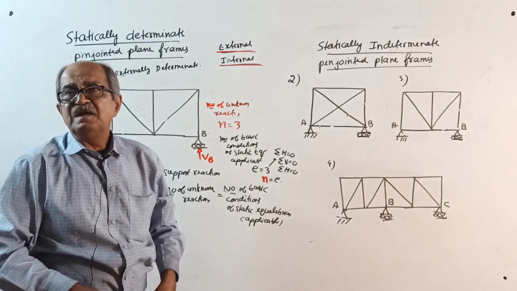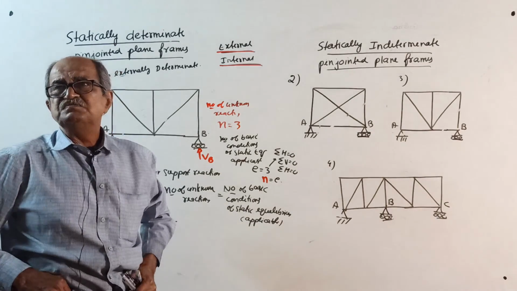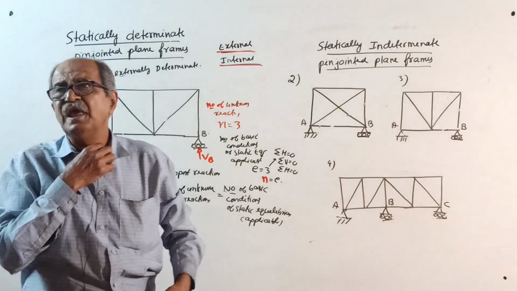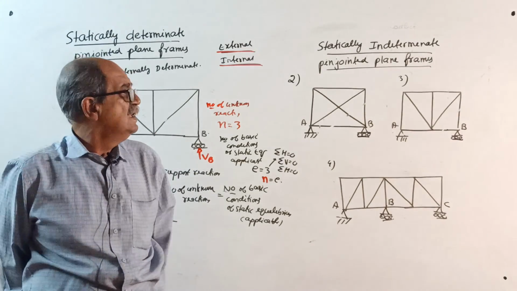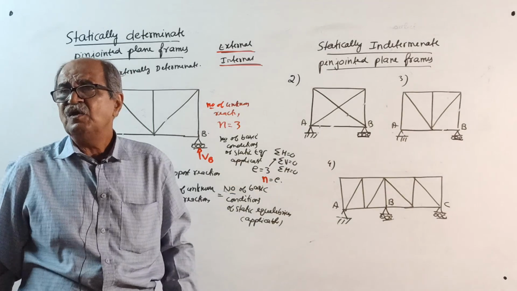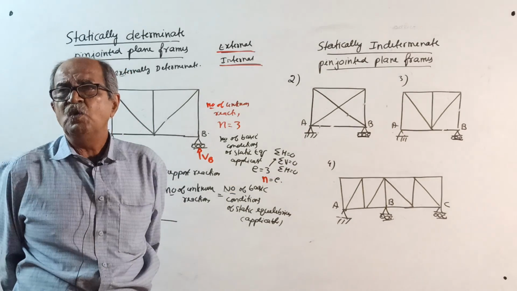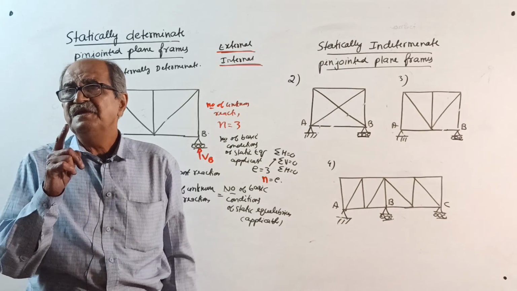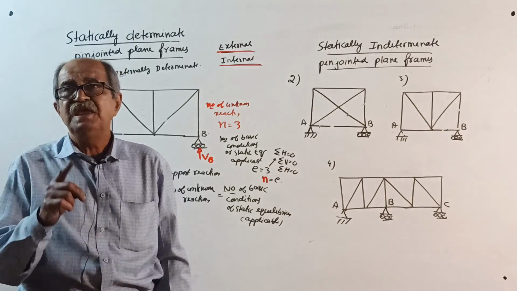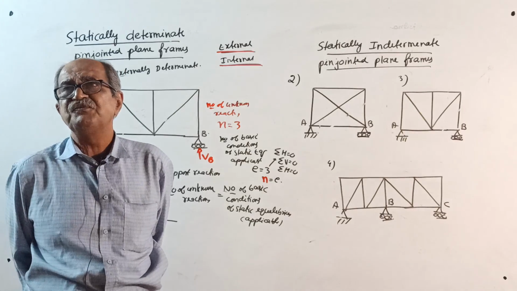Okay, now come to internal. Now I won't waste time. The reason I will tell you when I go to method of joints, or later when you go to higher concepts. Right now I do not want to waste time. Internally, it is determinate if it is a perfect frame.